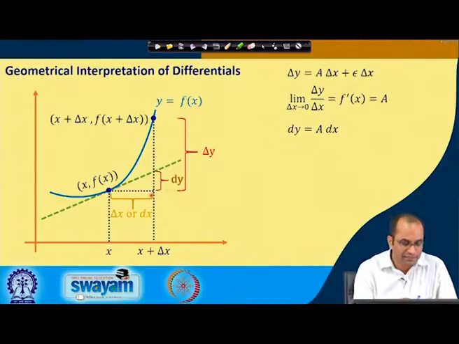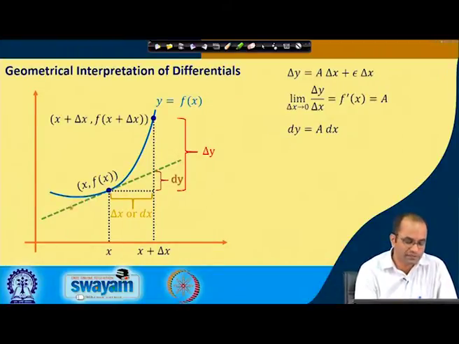That this delta x and the delta y are the changes in the function. When we change x by delta x, then there was a change of delta y in the function, and this dy was the change in the tangent.